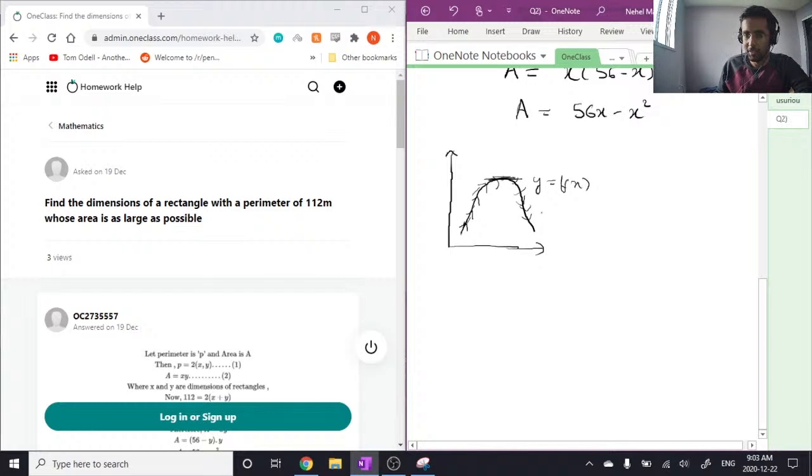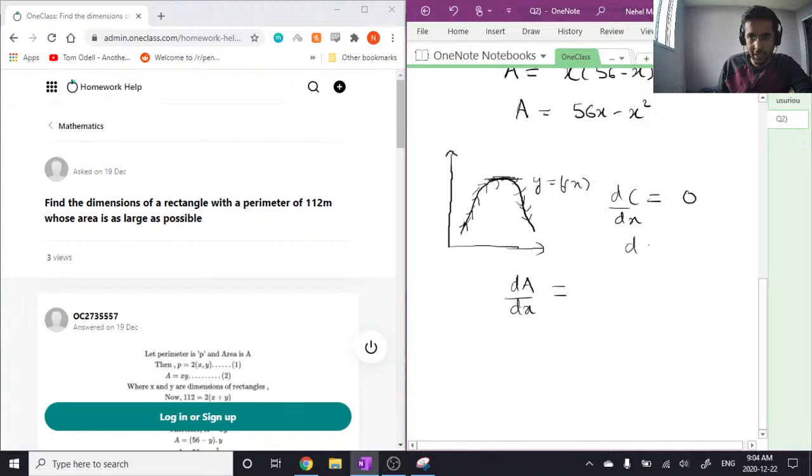Therefore, from that, we should know that if we take the derivative of a function to get the maximum, the slope has to be 0. So therefore, if I take the derivative, dA over dx is equal to, and just a quick reminder on derivatives, if I have d over dx of c, it becomes 0.